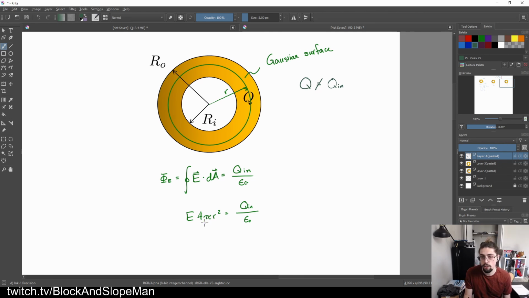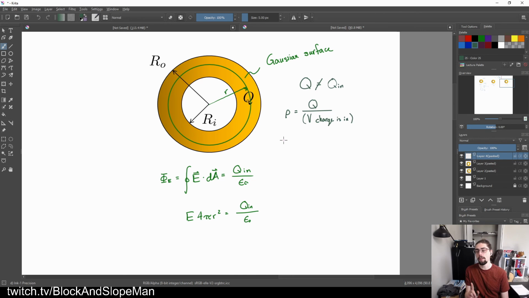What we have to do is look at the charge density. And we need to figure out how much of this charge we actually have. So the first thing we need to do is find that charge density. We'll call it rho. Charge density rho is equal to the total charge divided by the volume that charge is in. And I want to specify that, even if it makes my fraction look a little bit weird and sloppy.